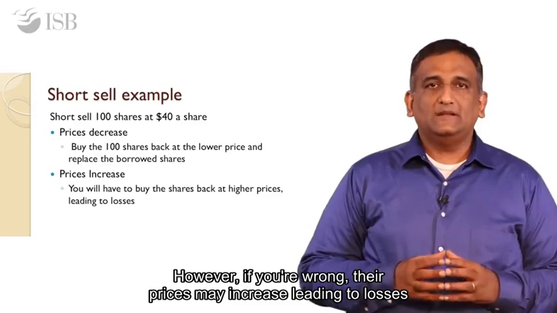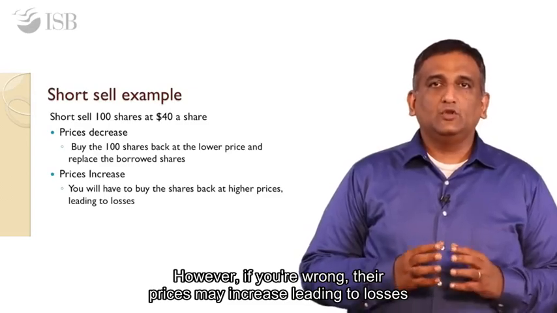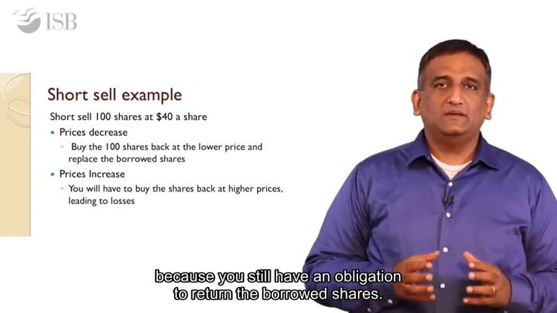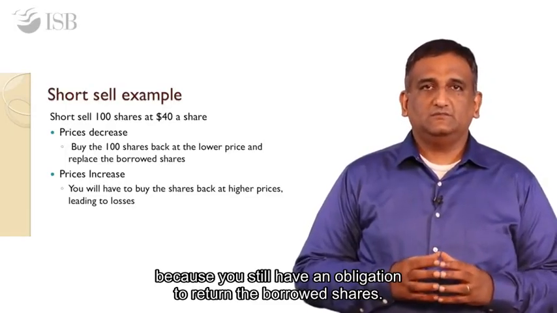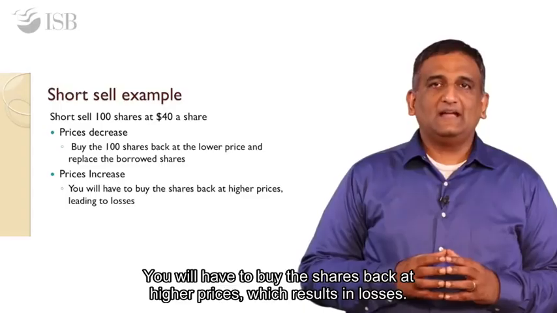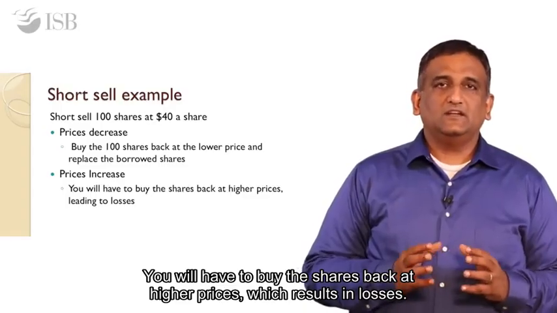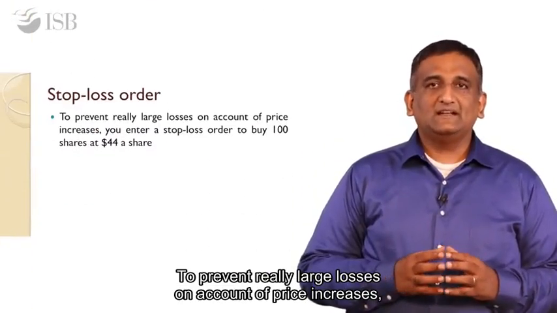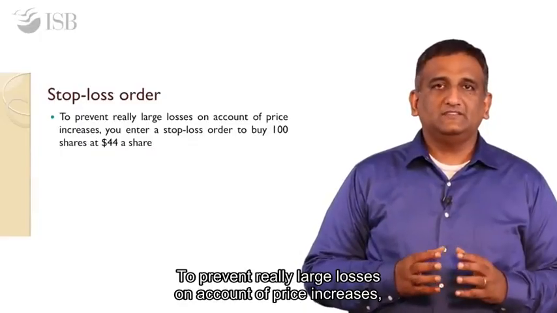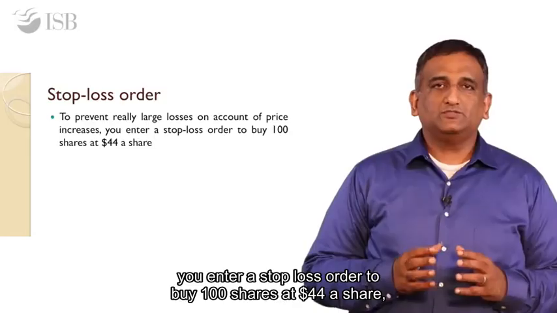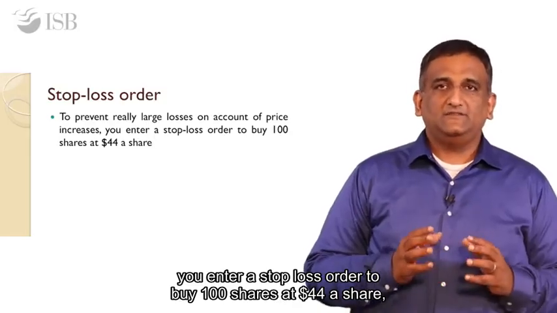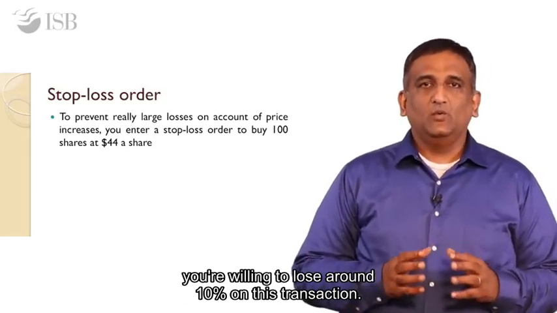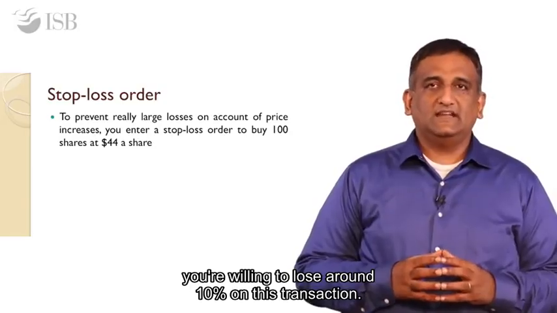However, if you're wrong, then prices may increase, leading to losses because you still have an obligation to return the borrowed shares. You will have to buy the shares back at higher prices, which result in losses. To prevent really large losses on account of price increases, you enter a stop loss order to buy 100 shares at $44 a share. You're willing to lose around 10% on this transaction.